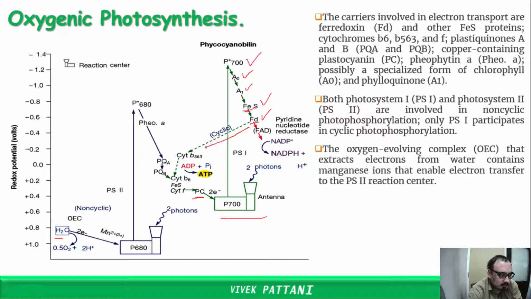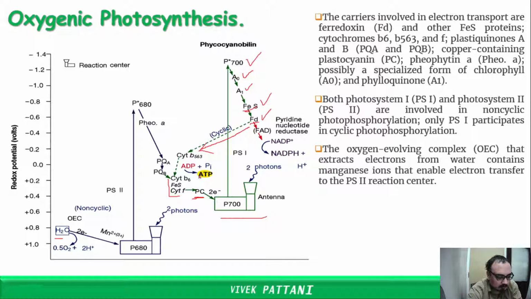And these electrons from the pyridoxine will be further passed on to cytochrome B563 and then the cytochrome B6F complex and cytochrome F, and to the plastocyanin, which then again transfers electrons to the P700 complex.